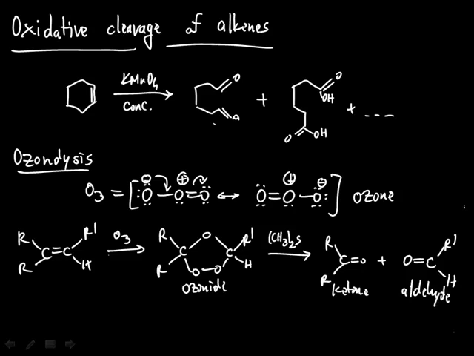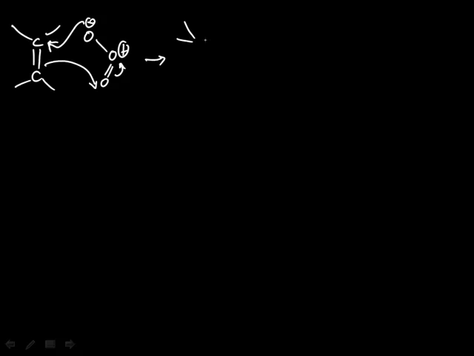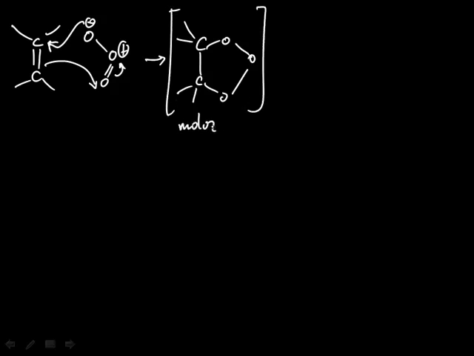The mechanism of this reaction is a little tricky, but it still can be rationalized. Initially, the nucleophilic oxygen in ozone will attack the alkene, and we'll get a back attack here, finally resulting in a compound called the molozonide, which is unstable.